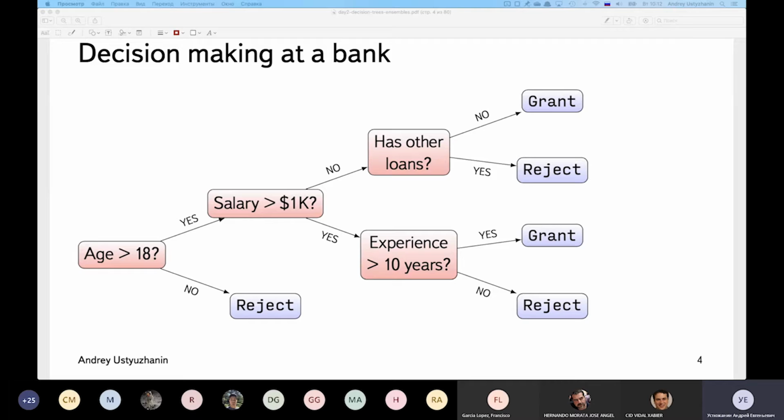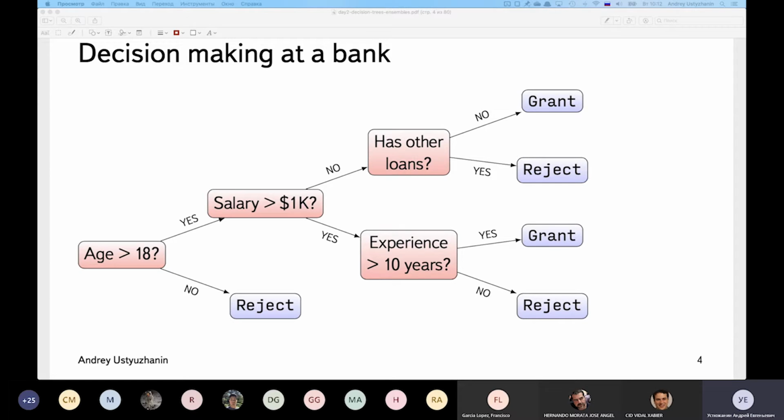And there are, you see, red nodes in the decision-making process that check those features against some thresholds. So, depending on whether the value of the specific feature is above or below this threshold, you go left or right.